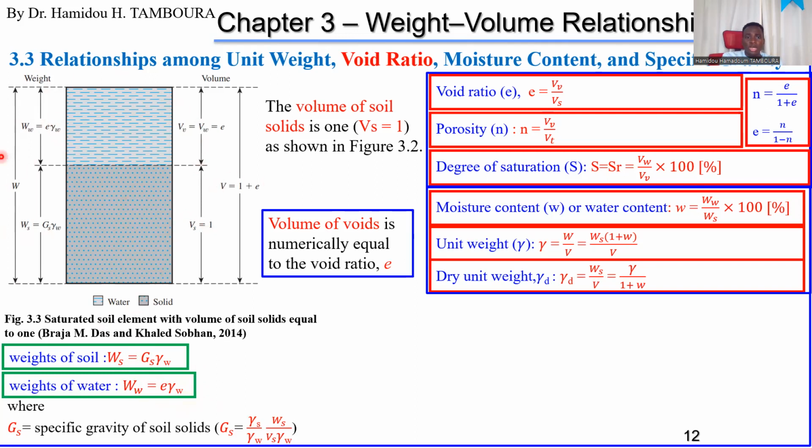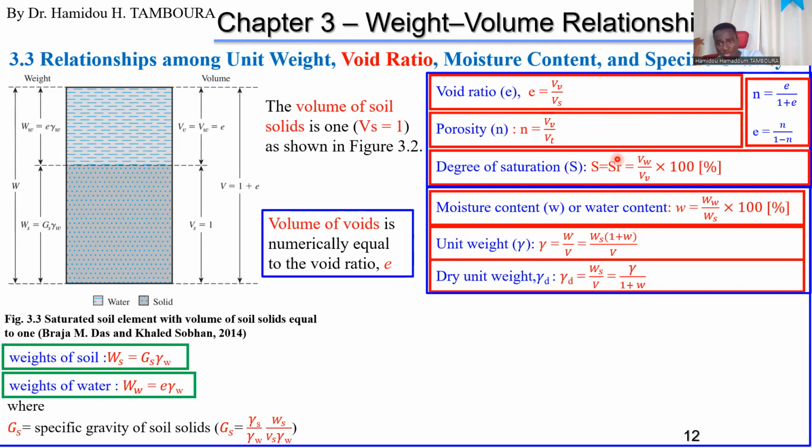Then we can use this again, and following the definitions we have here, we try to establish this definition by using this. Of course, now we don't have air and everything is saturated. So e, you don't need to do it. It will be the same. Degree of saturation, if you do that, you will end up with 1 because the soil is saturated.